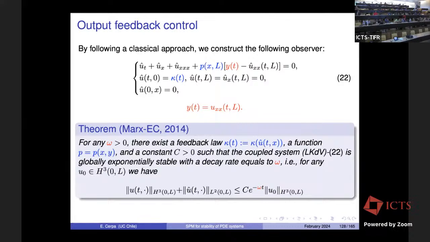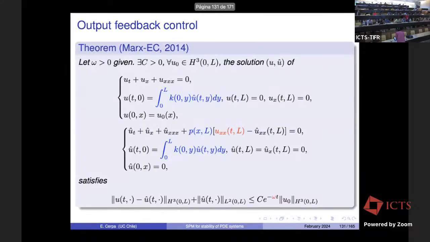Okay, so finally my question is, is U hat in L2 or H3, the estimate U hat? Because if you go to the slide after, here, if the difference converges in H3, and U is also in H3, then necessarily U hat is in H3.